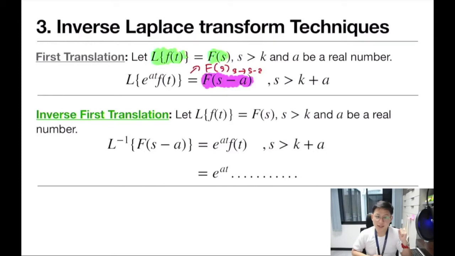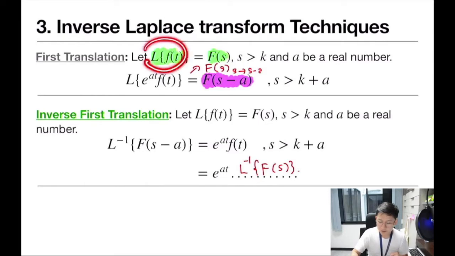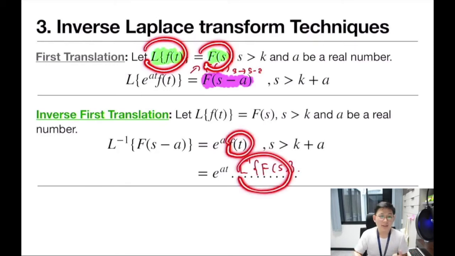The first technique for the inverse Laplace transform is the same technique, but inverse. If you want to find the inverse Laplace transform of the big F of s minus a, that would be e to the at f(t). But don't forget f(t) is actually the inverse Laplace transform of F(s), because L of little f is big F, so L inverse of big F would be little f.